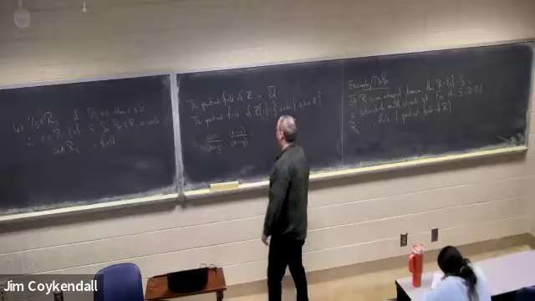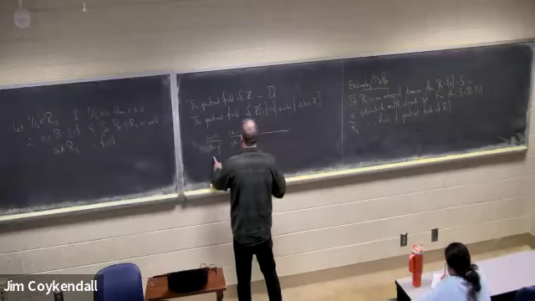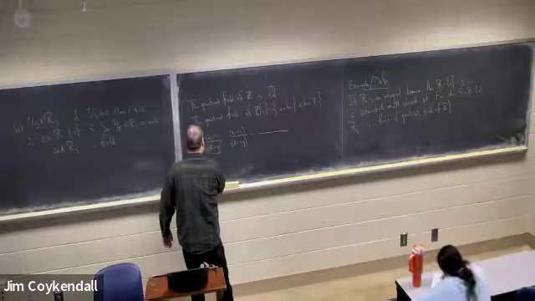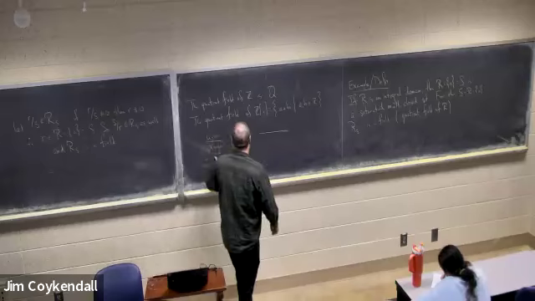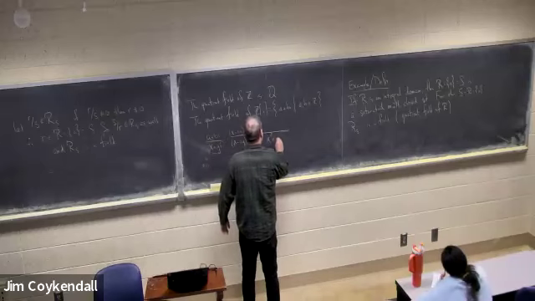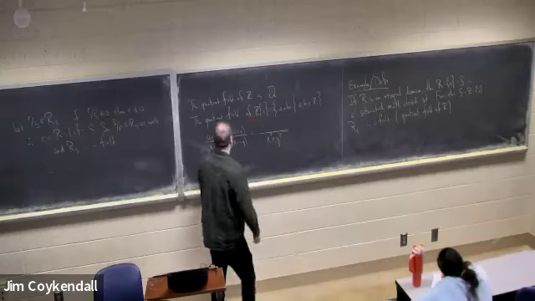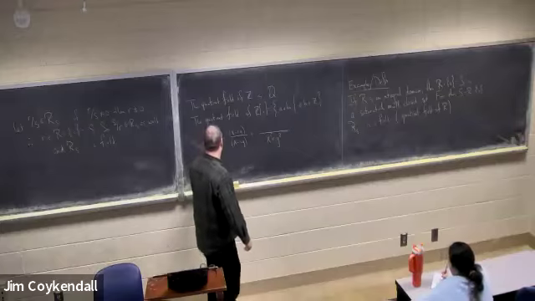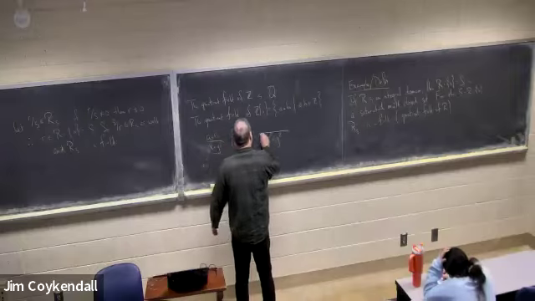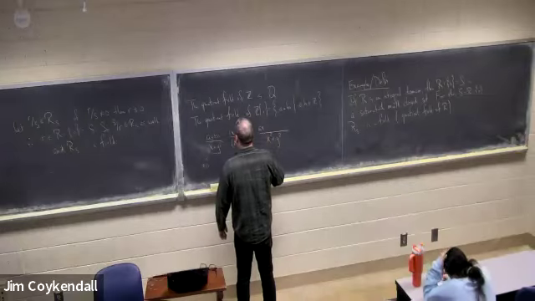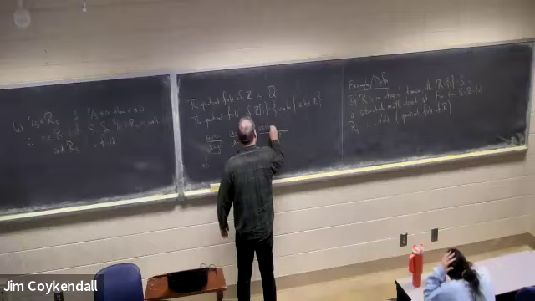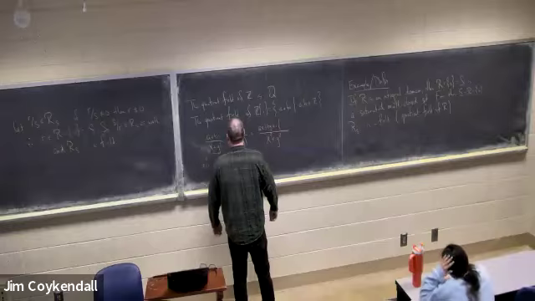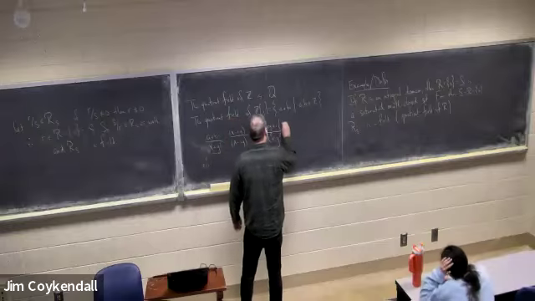So if I do this, the bottom here, and of course I'm assuming here that this is not zero, becomes x squared plus y squared on the bottom, which is just an ordinary integer, right? And it's not zero because this is not zero. And in the top I get ax plus by plus i times dx minus ay.